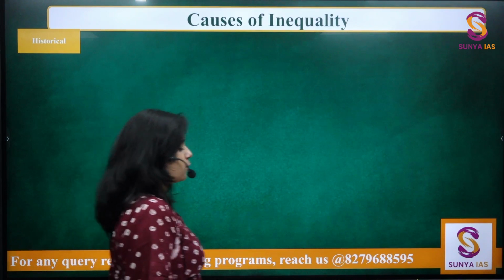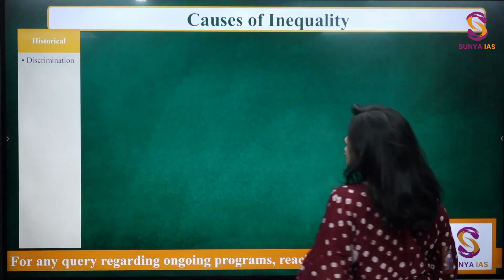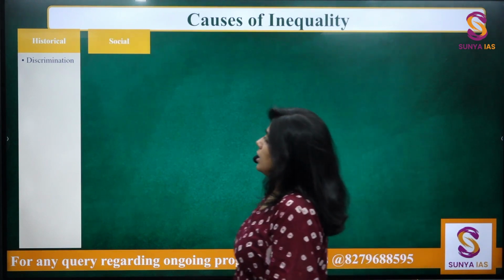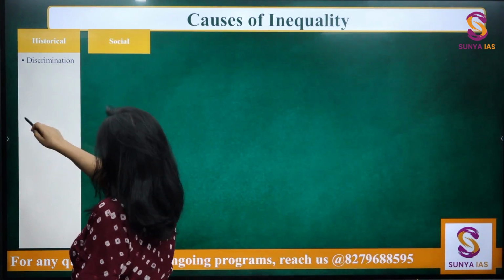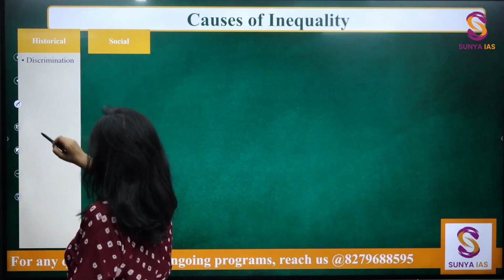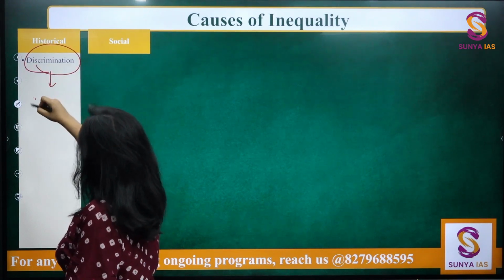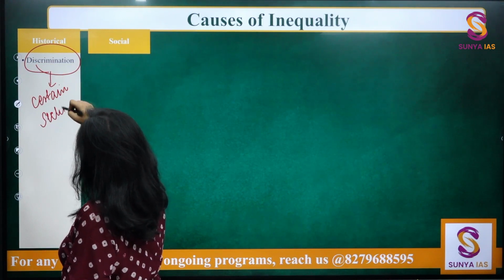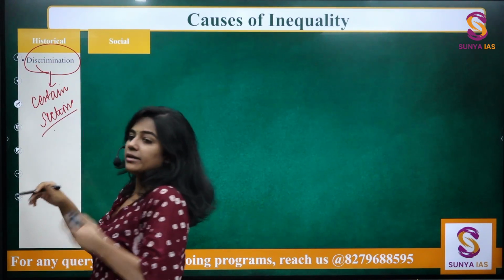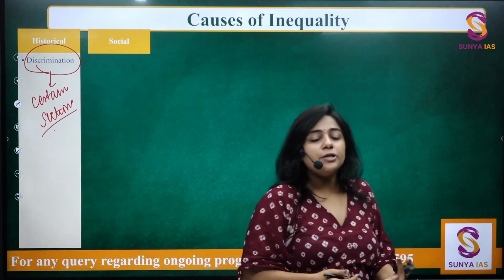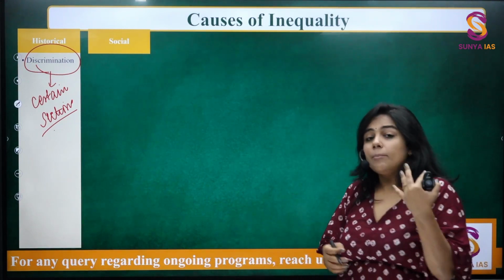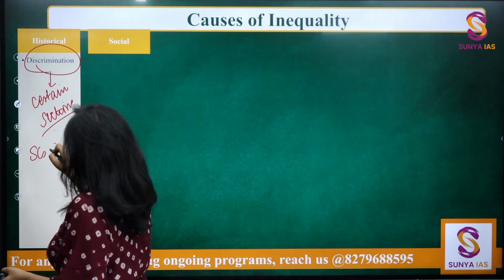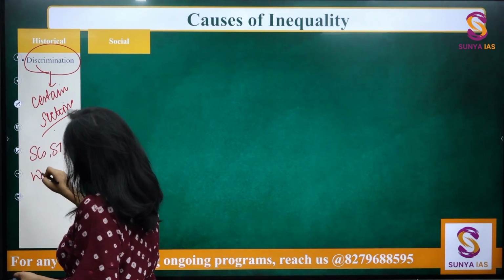Causes of inequality. Now when you talk about causes of inequality, it is very clear. There has been massive discrimination against certain sections of society, and politically we have tried to give income equality to those people who are SCs, who are STs, who are women.